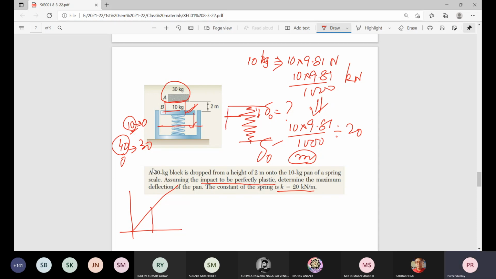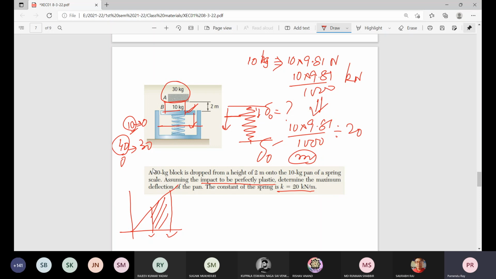The final compression will be 40 multiplied by 9.81 divided by 1000, that divided by 20 kilonewton, in meters. Now for 10, it is somewhere here. For 40, it is somewhere here. Now the total work done during this additional deformation will be the area of this part. So this simple thing we need to remember.